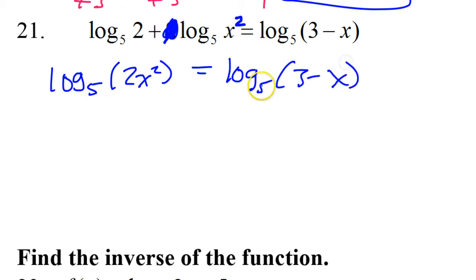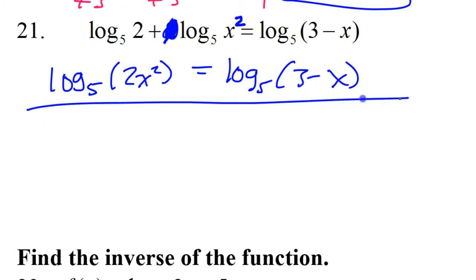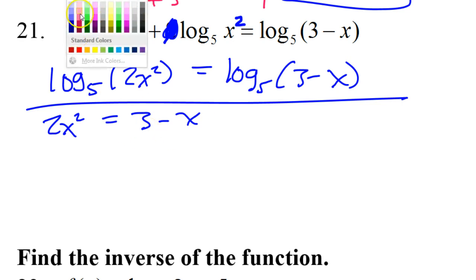Now that I have the log on both sides, I can set the part in the parentheses equal to each other. So that's what I'm going to do. So I have 2x squared equals 3 minus x. Let's get 0 on one side and try to factor something. So I'm going to subtract 3 and add x.